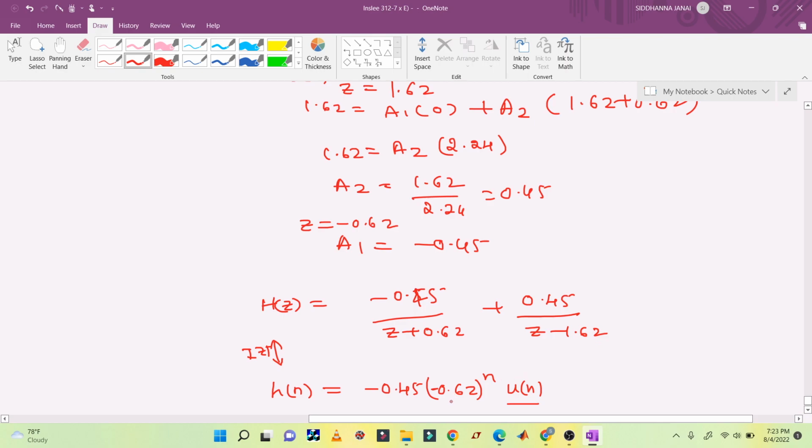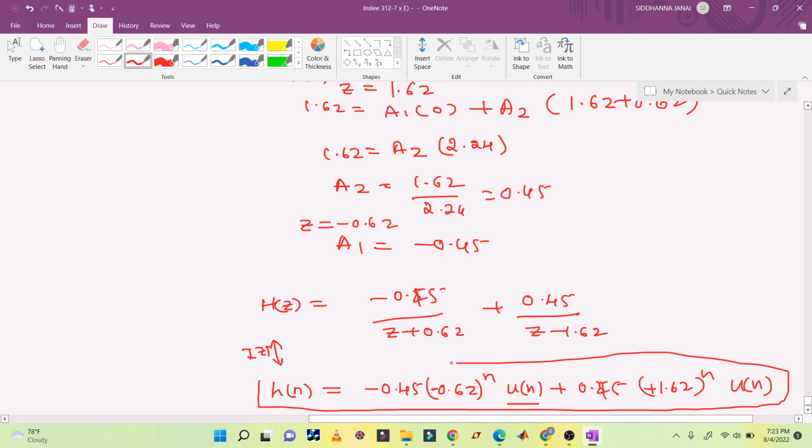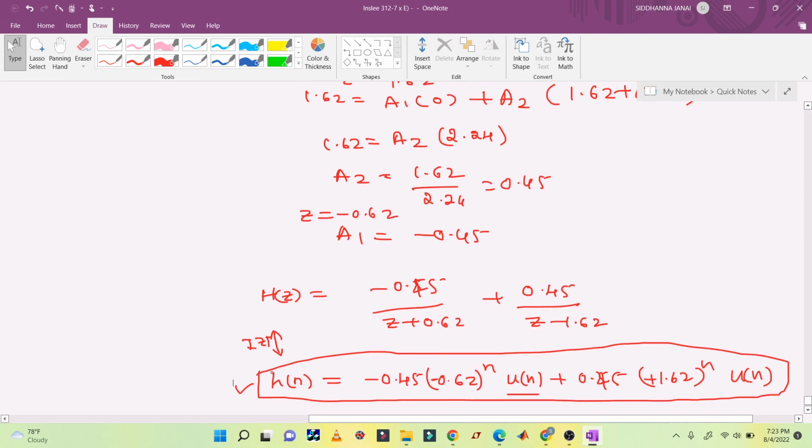Obviously it will be greater than minus 0.62 also. So we will write this as minus 0.45 times minus 0.62 to the power n plus 0.45 times 1.62 to the power n, u of n. So this is our system's impulse response. We have calculated the system's impulse response.